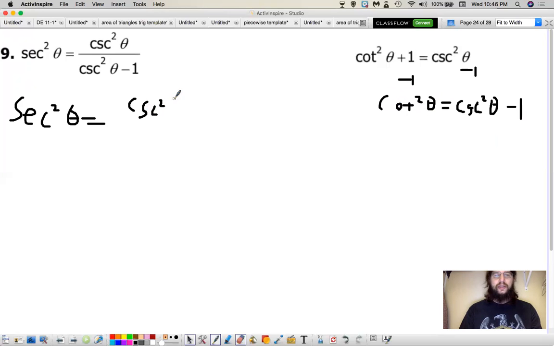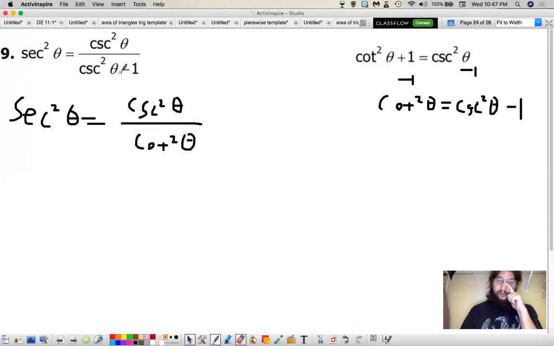Cosecant squared theta over cotangent squared theta. Now, here I'm going to go ahead and write in terms of sine and cosine. But yeah, if I have a Pythagorean identity, I can just go ahead and do that first, so it's less fractioniness, I guess.